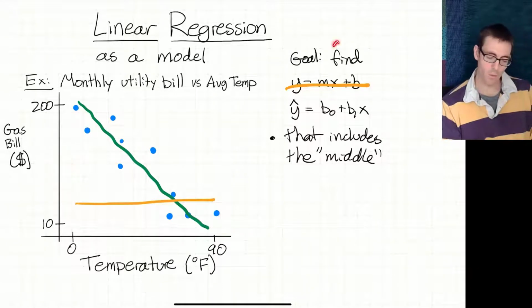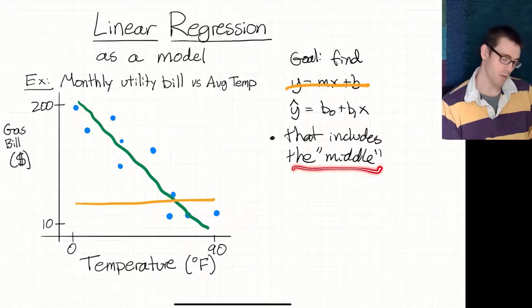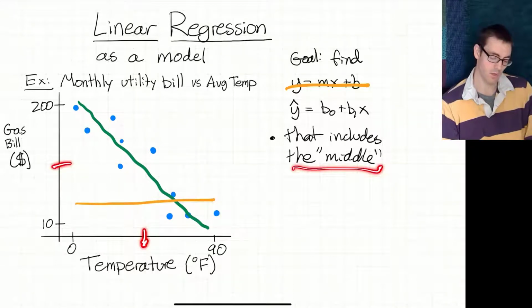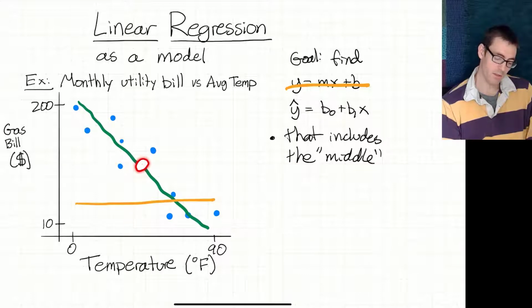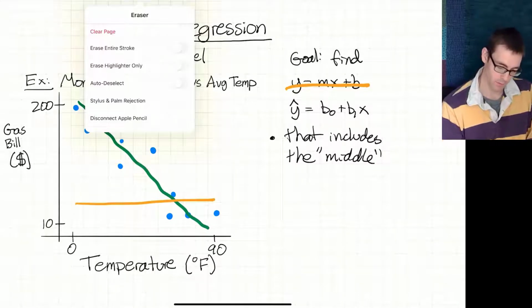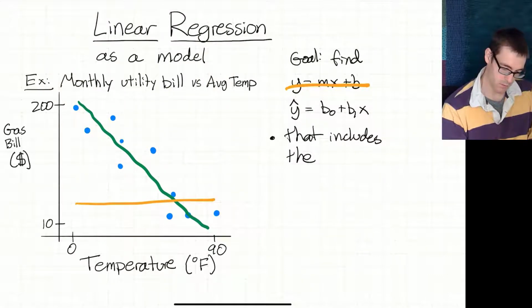So when I say that I want the linear model to include the middle, what I really mean is if I took the means of each of the two distributions by themselves, I want it to include that point, the mean point.